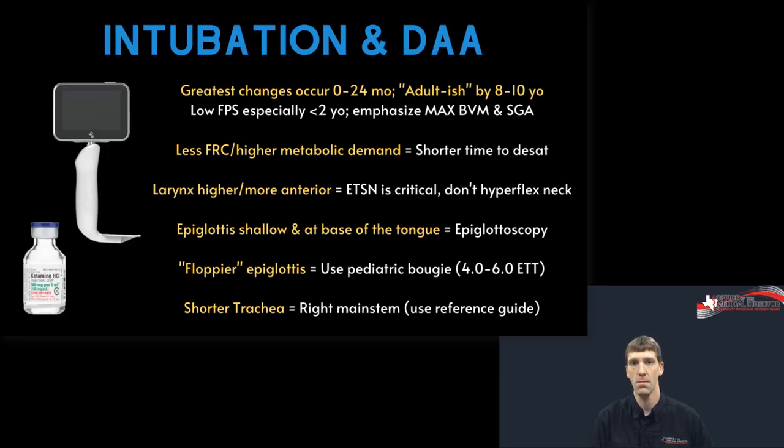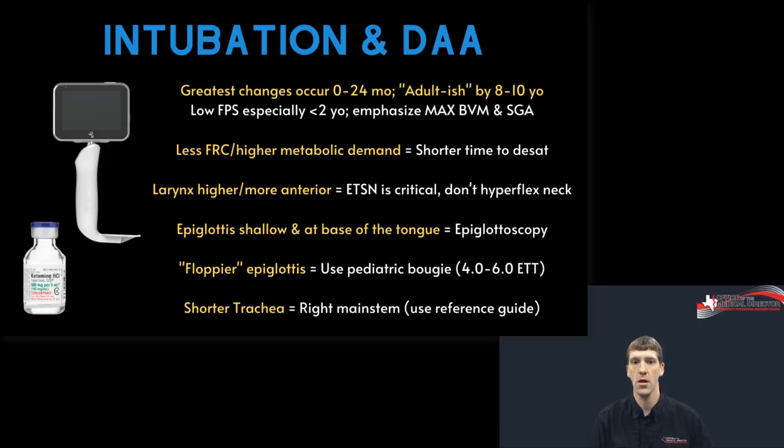So again, if we can minimize intubation and drug-assisted airways in this range and get by with less, that's absolutely appropriate. Also, children have less functional residual capacity, or FRC. They also have a higher metabolic demand. Both of these things essentially combine into a shorter time to desaturation in our shorter intubation attempts.